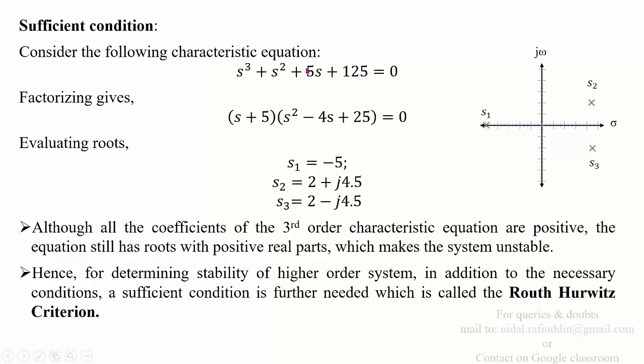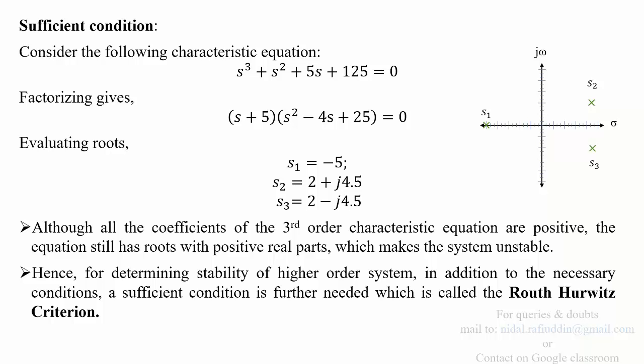Hence, for determining the stability of a higher order system, in addition to the necessary conditions, a sufficient condition is further needed, which is called the Routh Hurwitz criteria. So we now simplify things: whenever you are required to conclude the stability of the system, you will first check whether the system characteristic equation satisfies the first two necessary conditions.